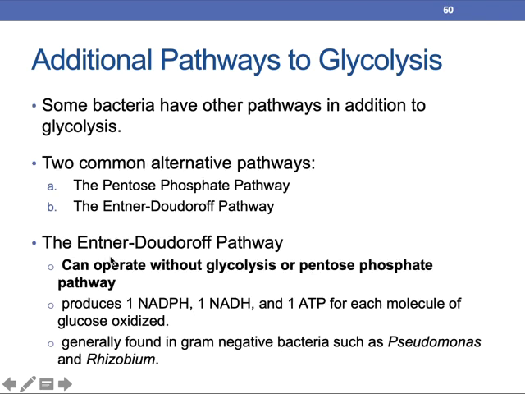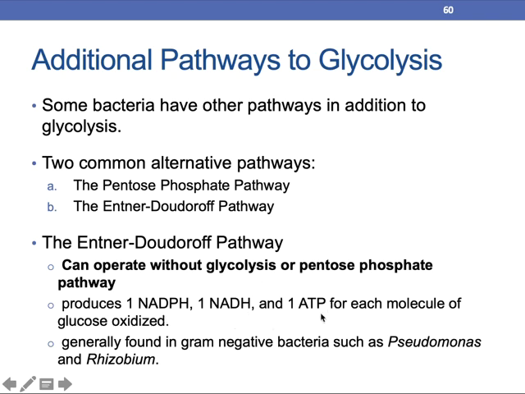Then you have the Entner-Doudoroff pathway. The difference between the Entner-Doudoroff pathway and the pentose phosphate pathway is that the Entner-Doudoroff pathway can operate without glycolysis. Okay. It can operate by itself, independent of glycolysis or the pentose phosphate pathway. It produces 1 NADPH, 1 NADH, and 1 ATP.